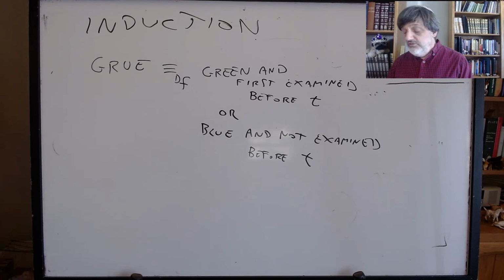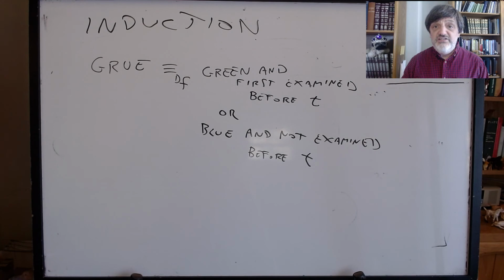So, suppose it's now before T, whatever T happens to be. Suppose we're now before T, and we've examined a lot of emeralds and found that they were all green.